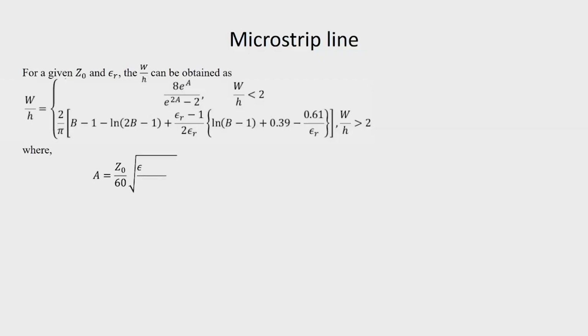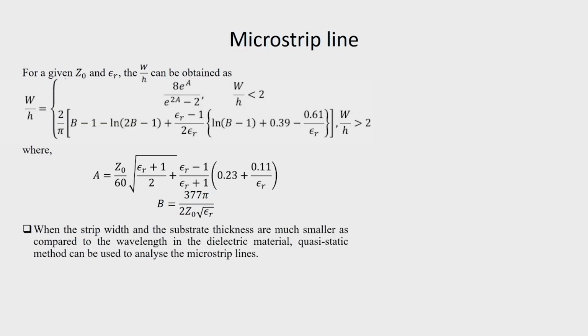We can carry out the design of such lines from the given information about Z naught and epsilon r and calculate W by H. So, we need to calculate these two parameters first, A and B, and once we have these values, then either we can find W by H for W by H less than 2, or we can calculate W by H when W by H is greater than 2.